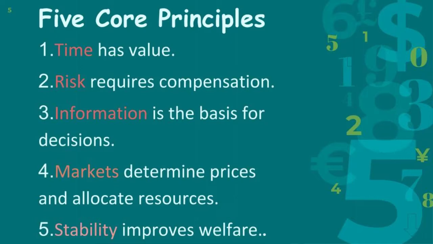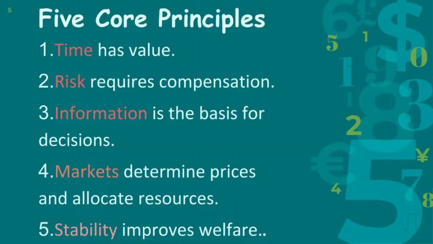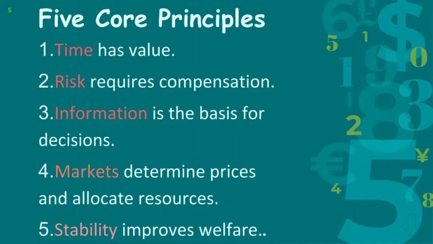Now, the 5 core principles of the financial markets have to do with time, risk, information, markets, and stability. To be more concrete, the first principle we will discuss today is that time has value. And then the second principle is that risk requires compensation.